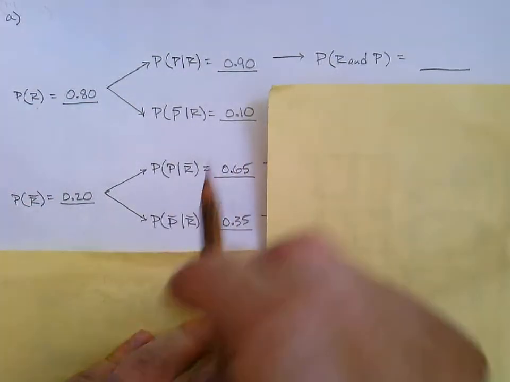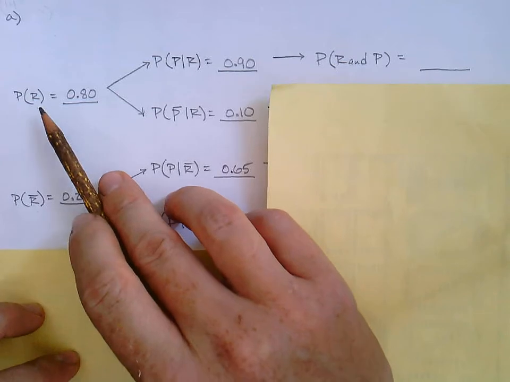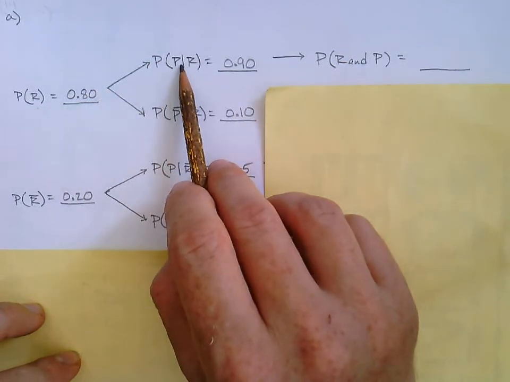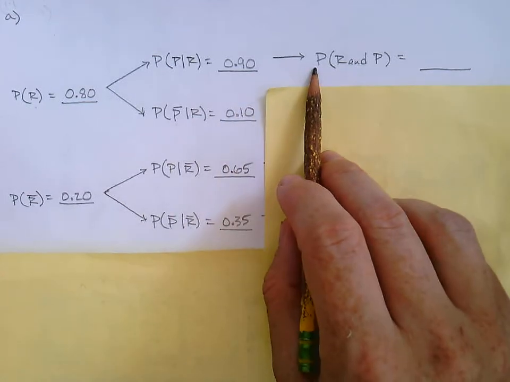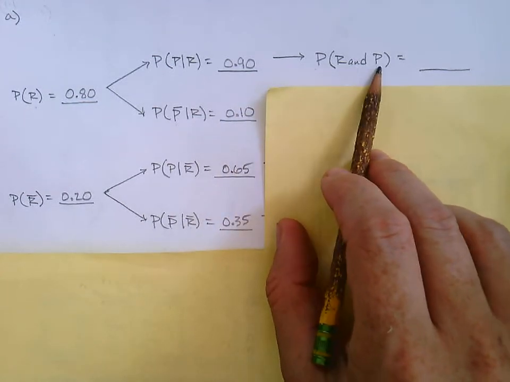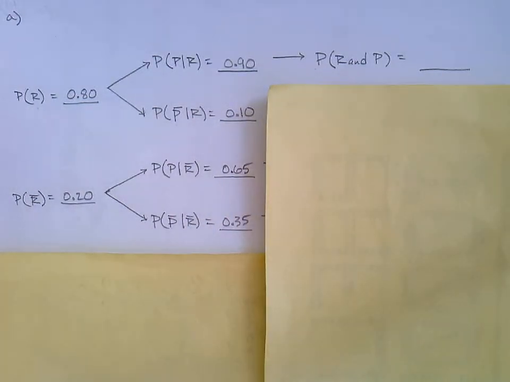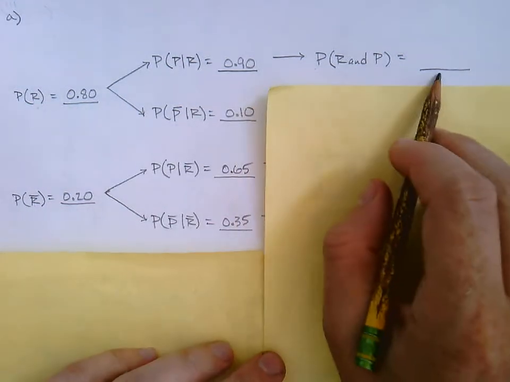Okay. So here, these are the people who went to the review and then they ended up passing. So we can find the probability of went to the review and passed. And we can find that value pretty easily. It's not told to us, but we can figure it out. How are we going to figure that out?